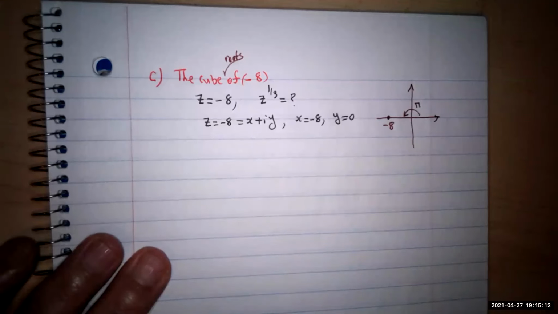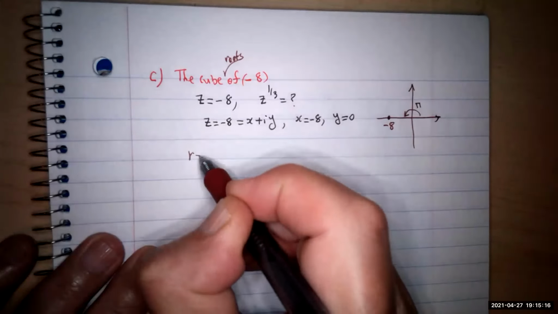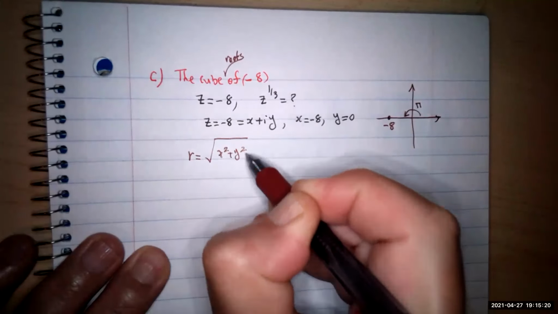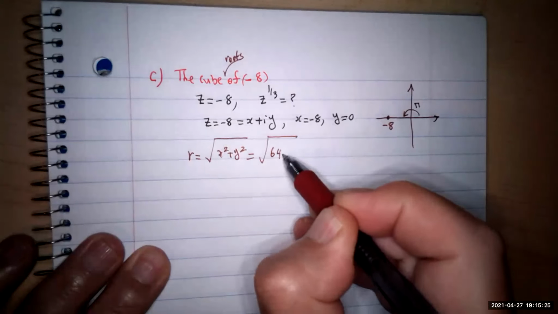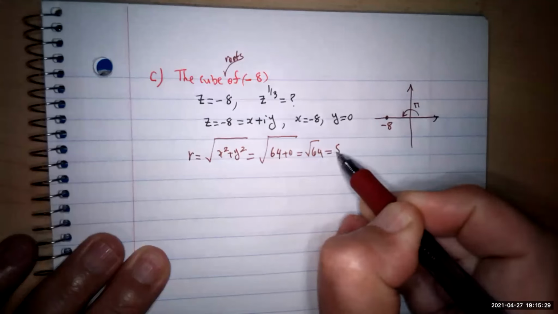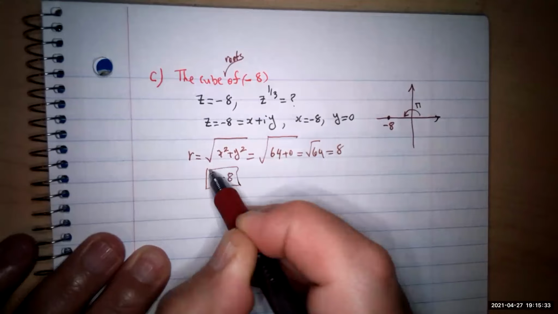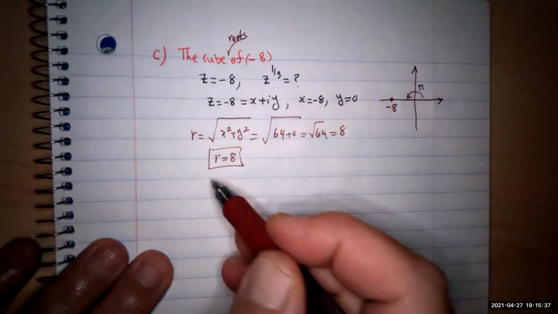Any question? So we have to find r. r is clear in this case. r is going to be the square root of x squared plus y squared. Our x squared would be 64 and y is 0. So radical 64 gives us 8 again. So r is equal to 8. We already have the data. I can confirm it again.